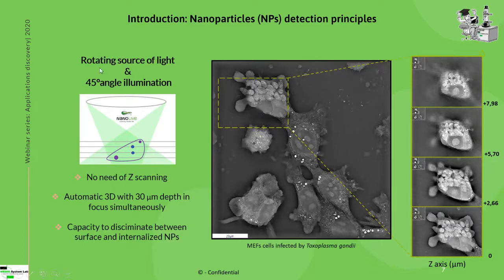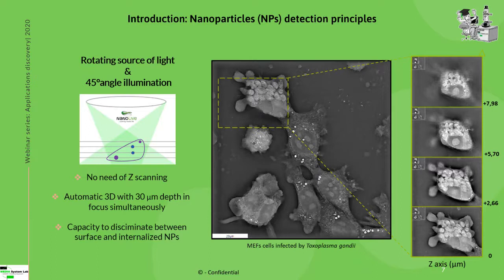So this fundamental feature allows you to have a microscope that is able to generate an automatic 3D rendering, 30 micrometers deep, with everything in focus simultaneously, with no need of Z scanning. So you have to forget about the typical scanning mode or focal.